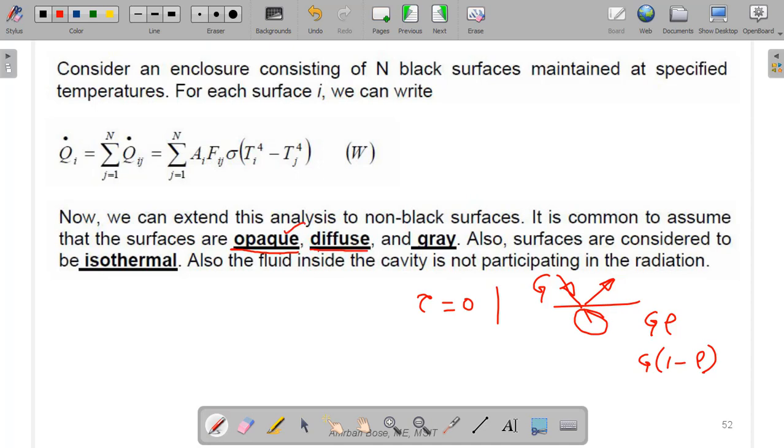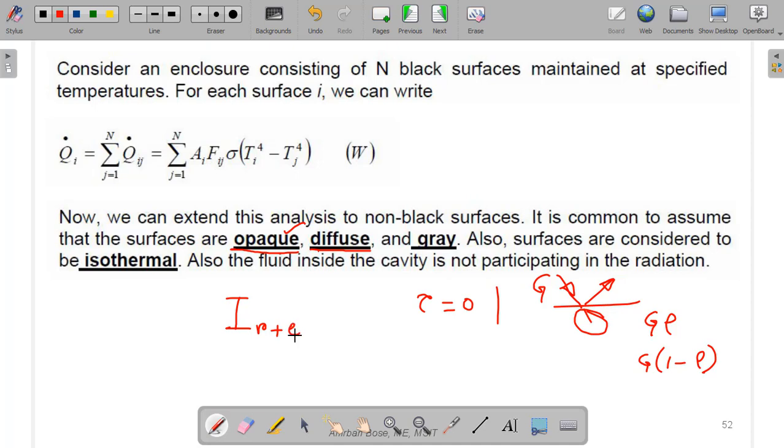Then we are considering the surface to also be a diffuse surface. Diffuse surface means its intensity is independent of the direction. Here, for the intensity, we are considering both reflection as well as emission.